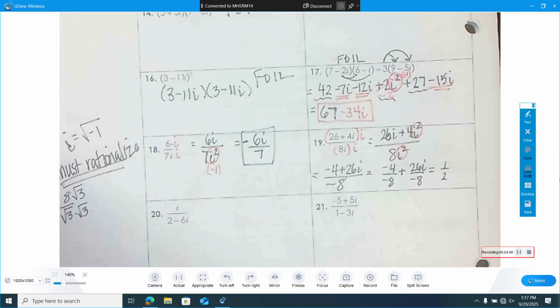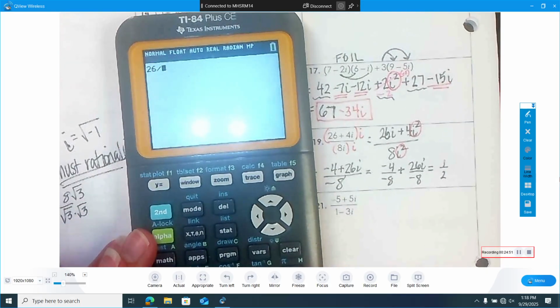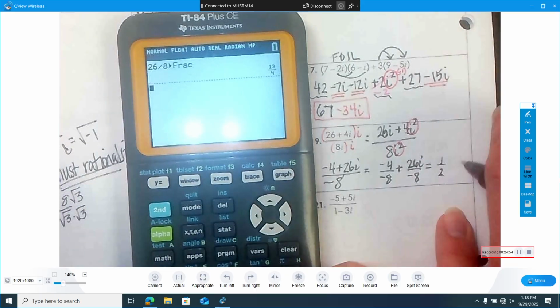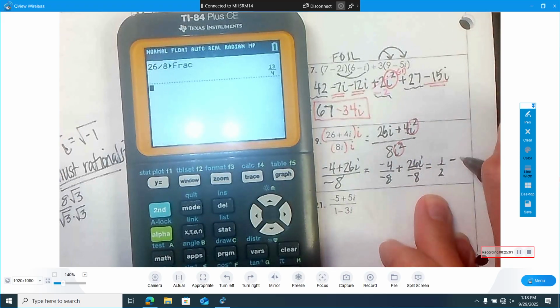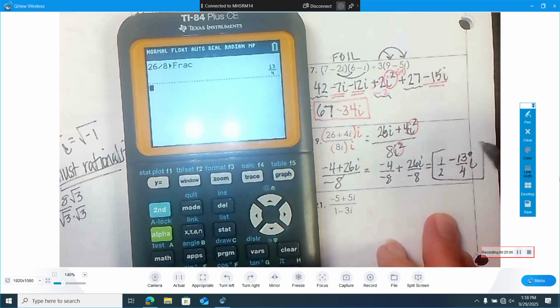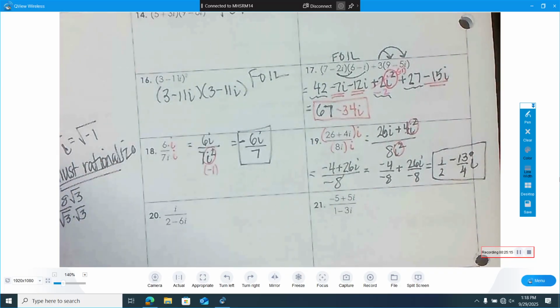And 26 over negative 8, the 26 over 8 just reduces to 13 over 4. And positive divided by negative is negative. So 13 over 4 i. So 1/2 minus 13 over 4 i is a great answer. And you'll always do it correctly, which is why I do it that way. Okay.